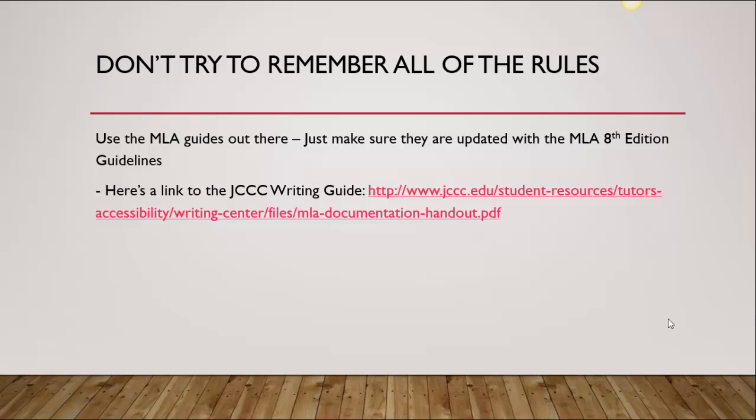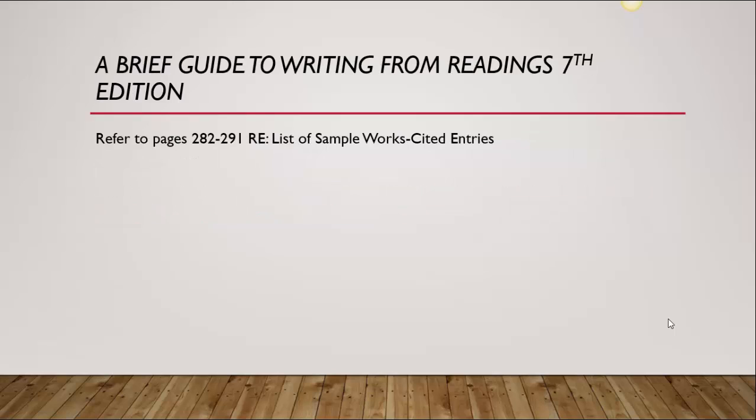You can also find this link in this week's module. Also, there's a list of different types of works cited entries at the end of your Brief Guide to Writing from Readings, 7th edition. This list of sample works cited entries has been updated to the most recent guidelines, so you can follow it.